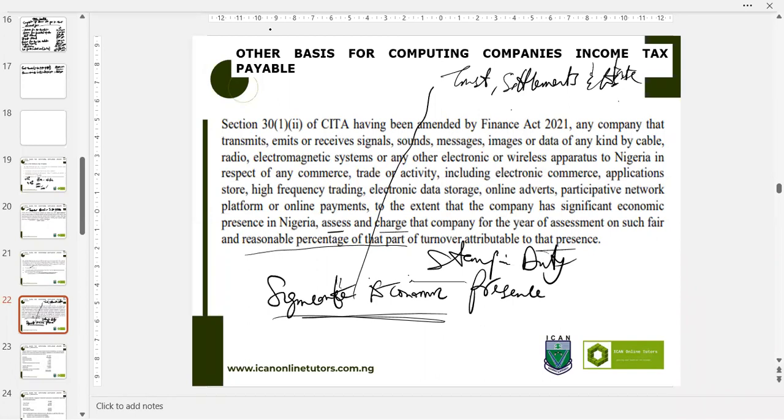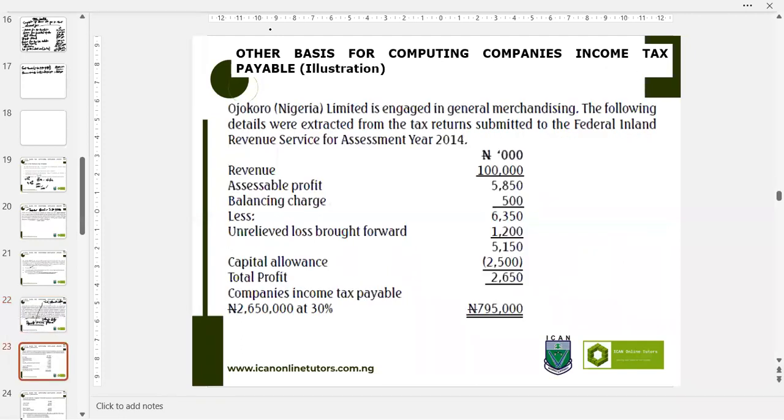And in doing so, they get a fair and reasonable percentage. So what is fair and reasonable is what we need some explanation on, because the tax authority has the discretion, but in practice, it has always been at 20%.